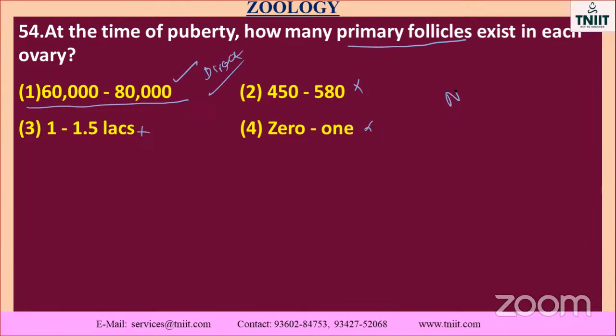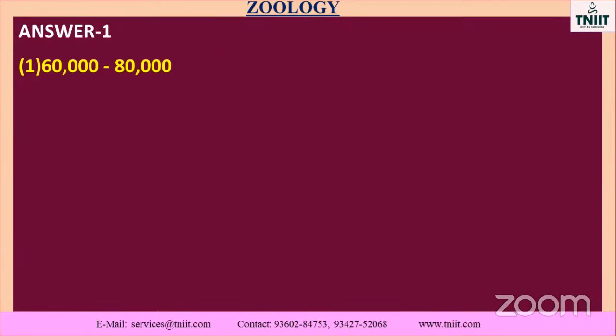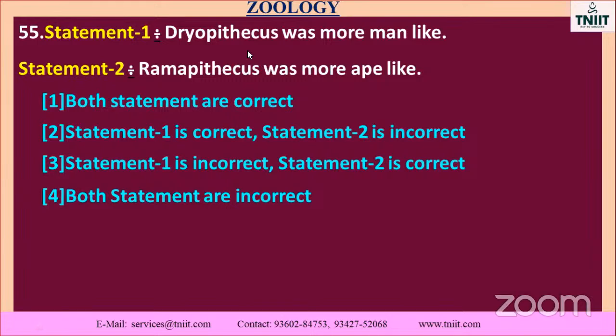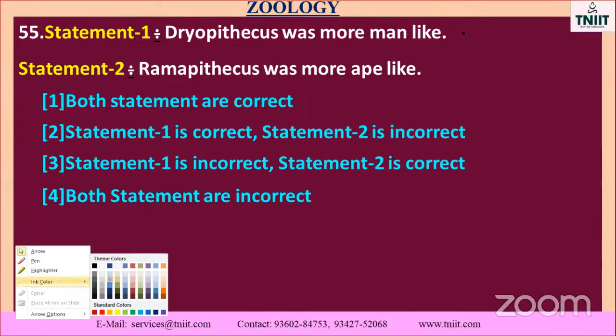NEET 2023. Definitely they may ask. Go to the next one. Statement 1: Dryopithecus was more man-like. No, Dryopithecus does not look like a man, so that option is wrong.